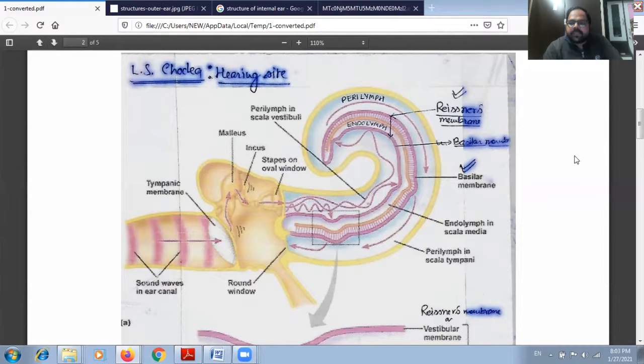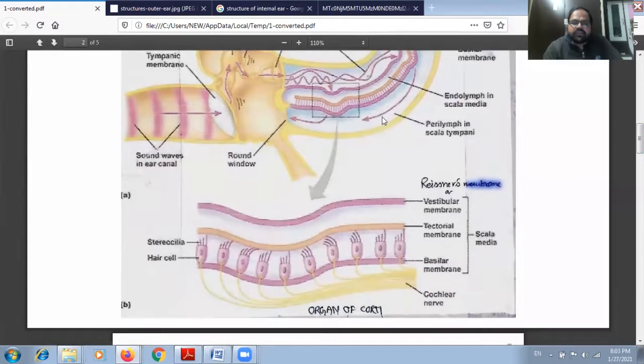Okay, and when we zoom in, this small structure we have zoomed here, we can see the above line, or we can say the above membrane of this tube, is called Reissner's membrane or vestibular membrane, and the lower membrane is called basilar membrane. And inside these membranes, it makes a tube like structure, and inside this tube like structure endolymph fluid is filled, and this one is the structure which is called the tectorial membrane.